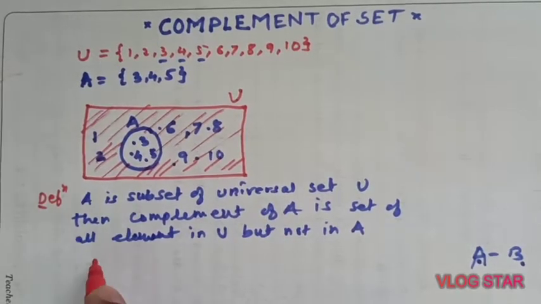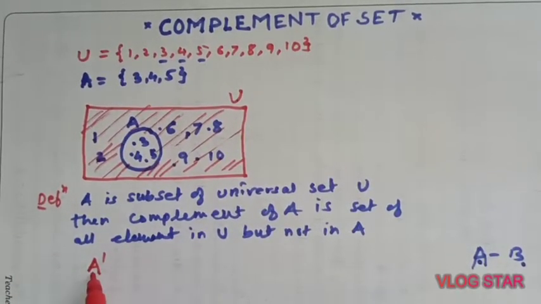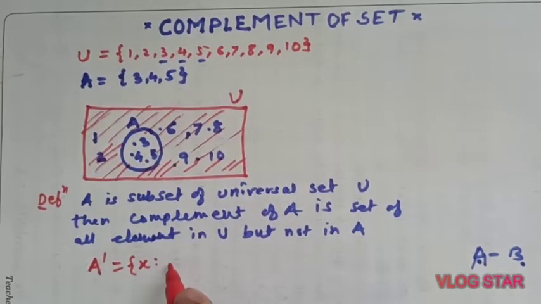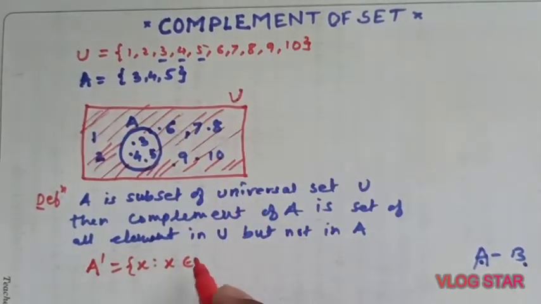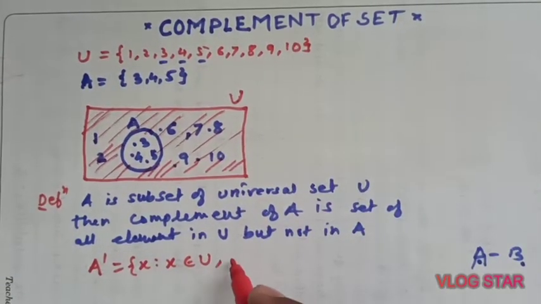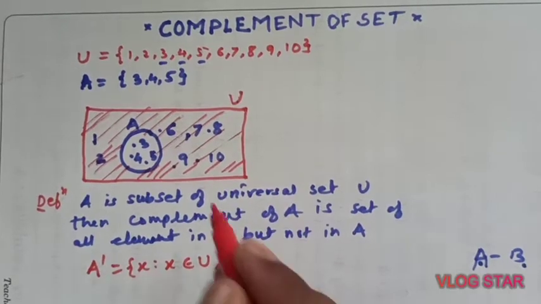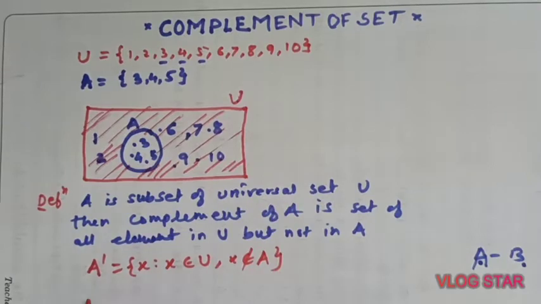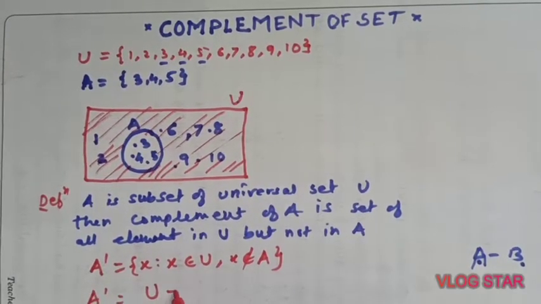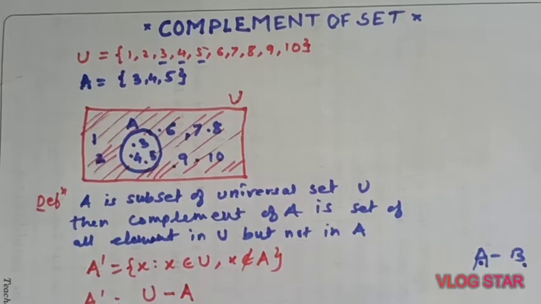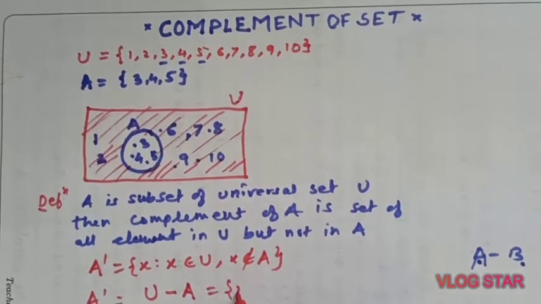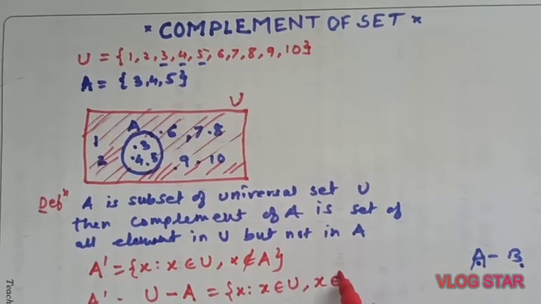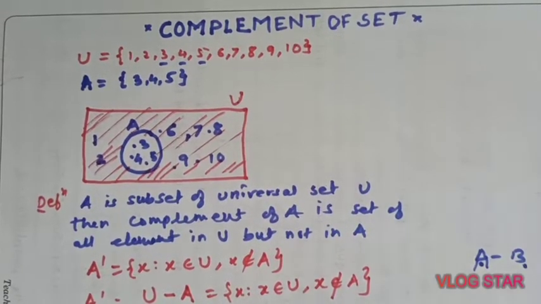The complement of A is denoted by A dash, meaning all elements in U but not in A. So the set of all x such that x belongs to U but x does not belong to A. In other words, A complement is the same as U minus A.